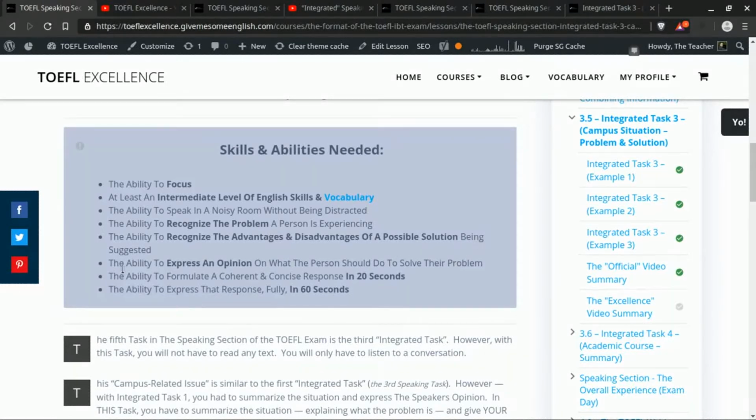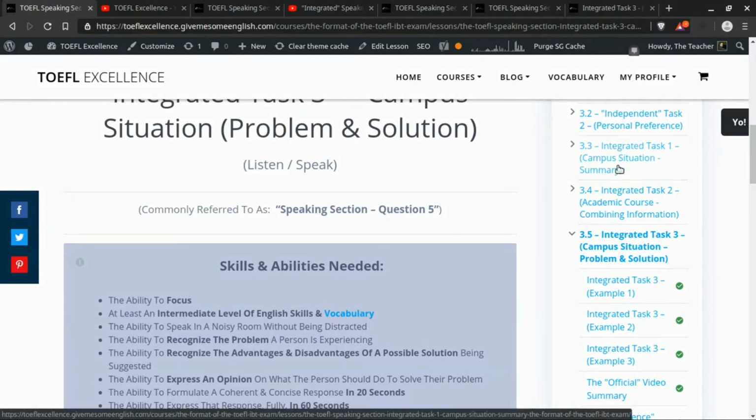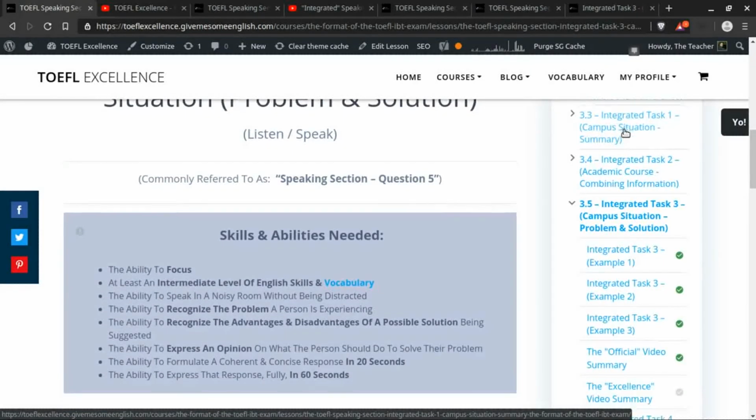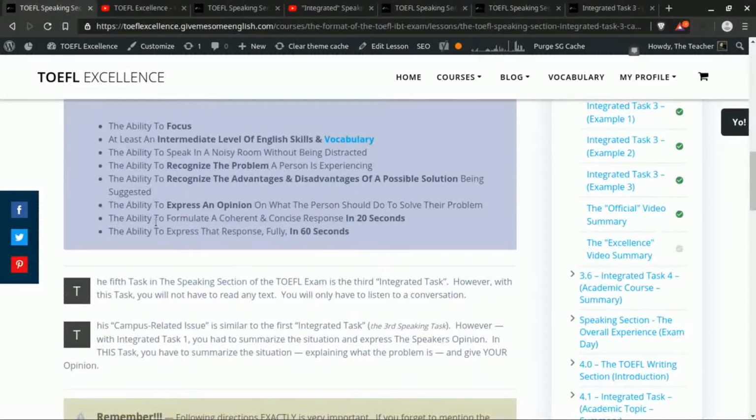And then this is where this one gets a little bit different than the first campus situation. In this integrated task 1, that campus situation, you had to talk about the opinion of the person who was speaking. In this one, you have to express your opinion about what the person should do.